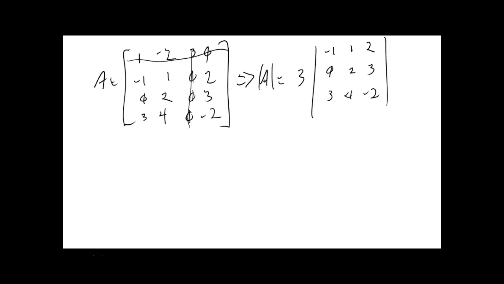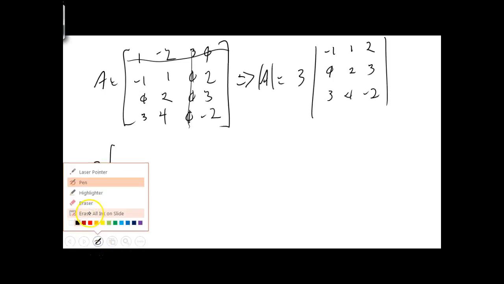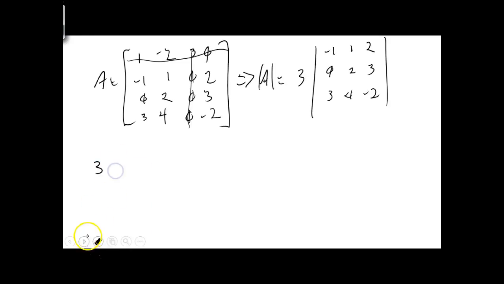Column 1 looks like the best choice to me too. Row 2 would be okay too. So this will be, remember your 3, don't throw it away. 3 times, maybe parentheses would be better here. Okay. 3 times.